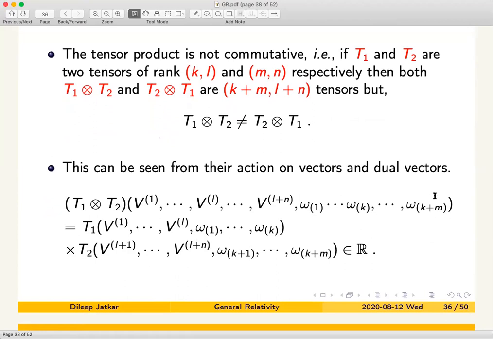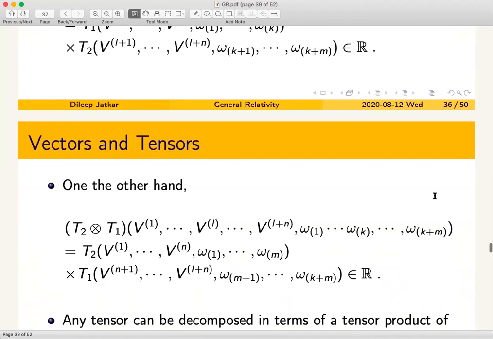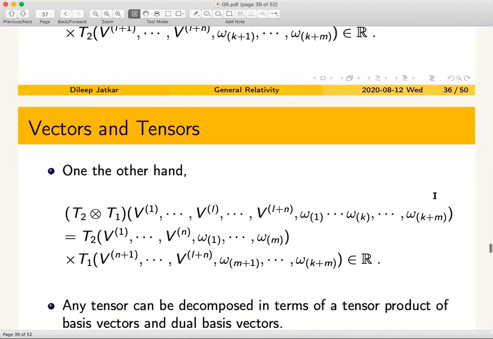But we could ask the question, what if I do it the other way around? Instead of taking T1 tensor T2, I take T2 tensor T1. Then T2 would act on N contravariant indices in the vector, which means it would act on N vectors, so you start with V1, V2, up to Vn.